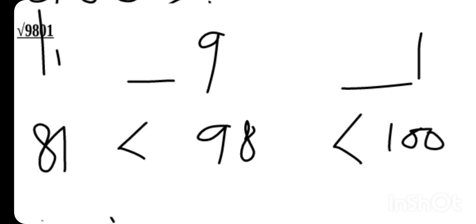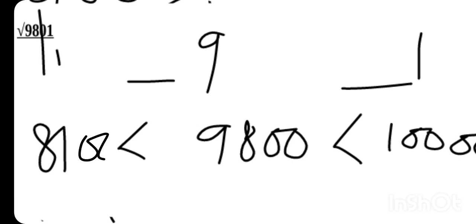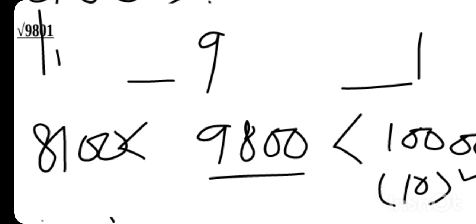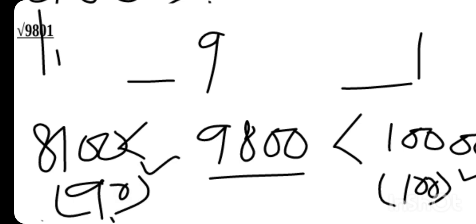Okay, add just 2 0 after all these numbers. Hence we get 9800, which is lying between 100 square and 90 square. That means the number must be between 90 and 100. That is the unit digit will be 9.